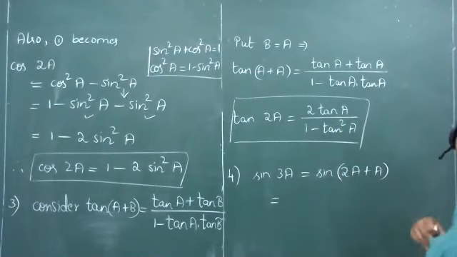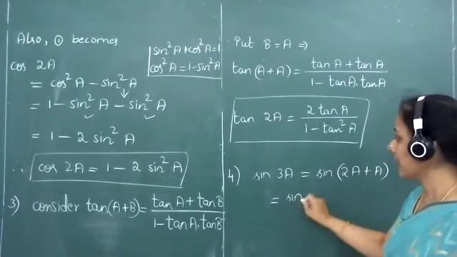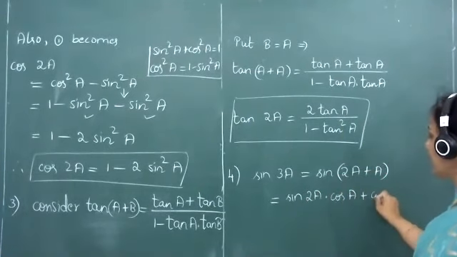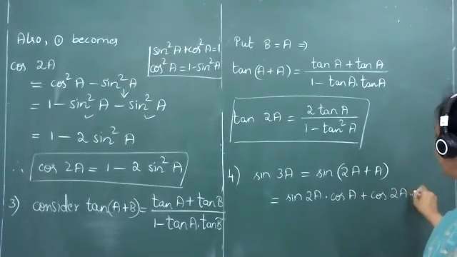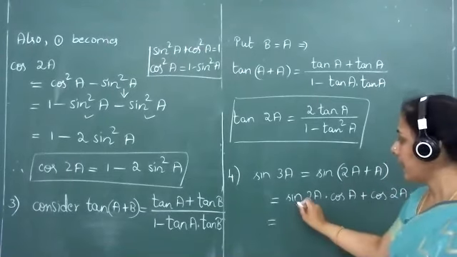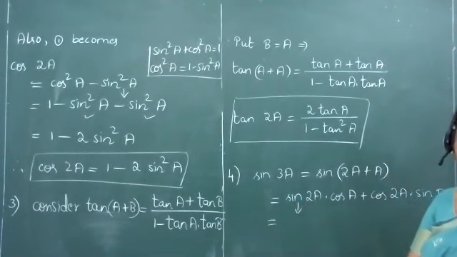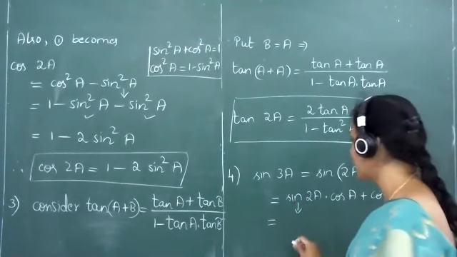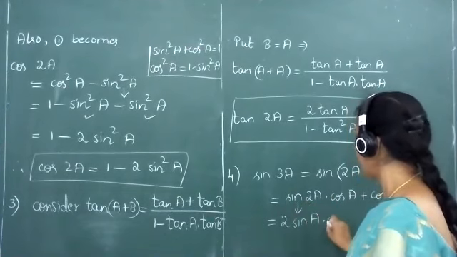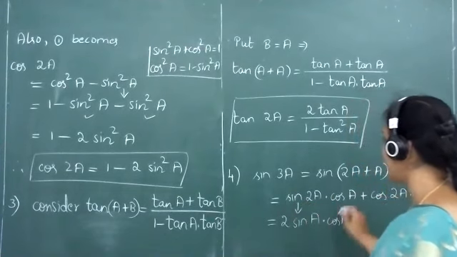So what is the expansion here in the RHS? I will apply sin of a plus b formula. So sin a into cos b plus cos a into sin b. Here sin 2a is the first formula that we derived in today's session. Sin 2a can be replaced as 2 sin a multiplied with cos a.